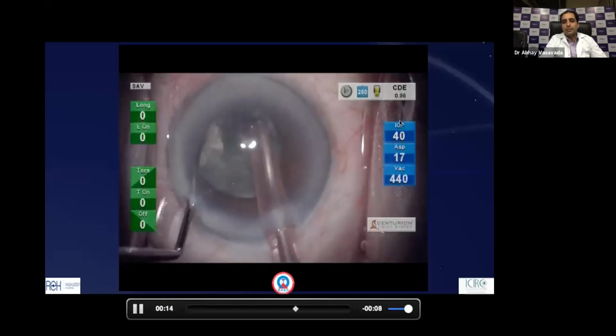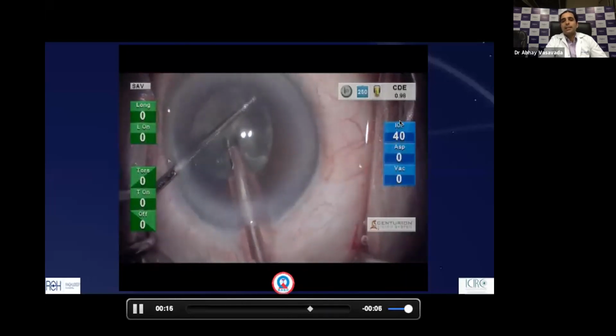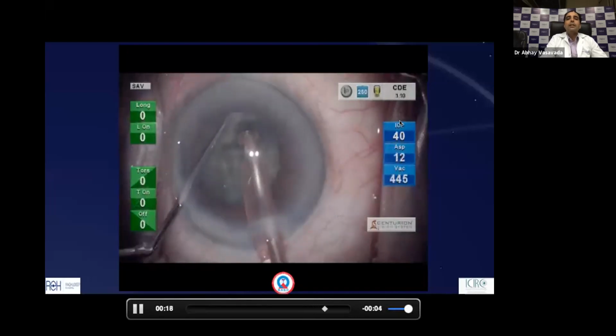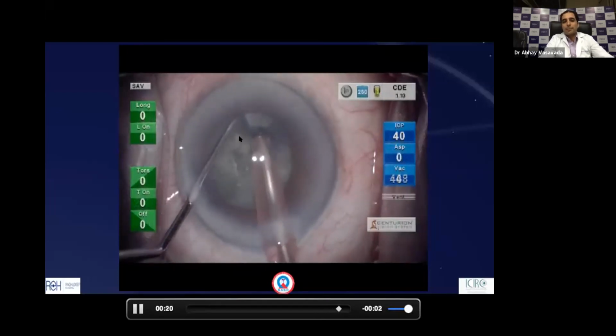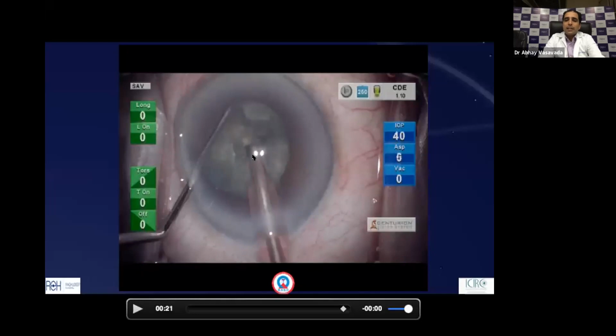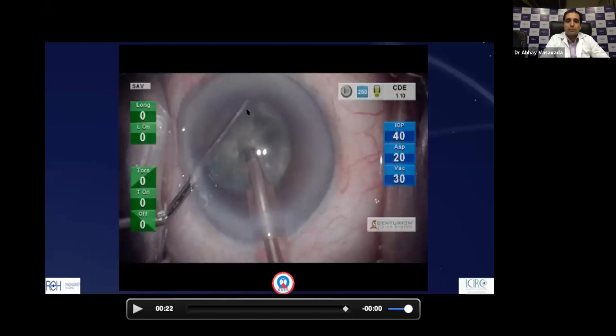So if you are used to using 110 centimeters of bottle height, drop it to 70 or 80. Some of the excessive fluid will go behind the iris. That will change the pressure gradient between the anterior and the posterior segment and lead to iris prolapse and further constriction of the pupil.